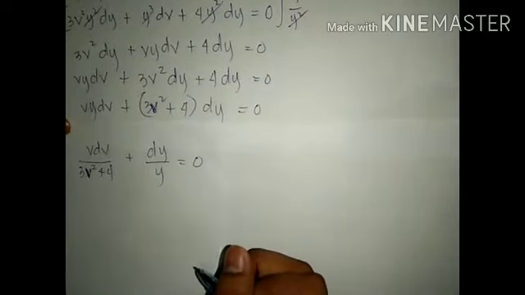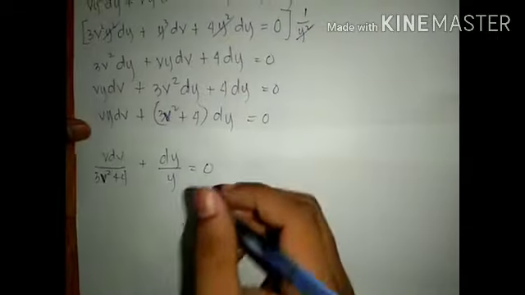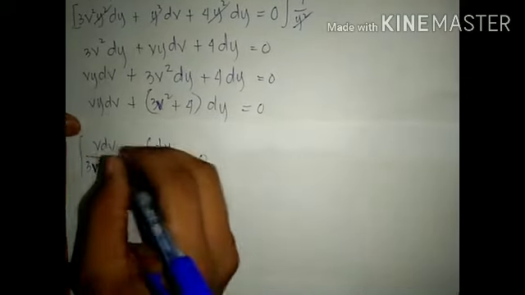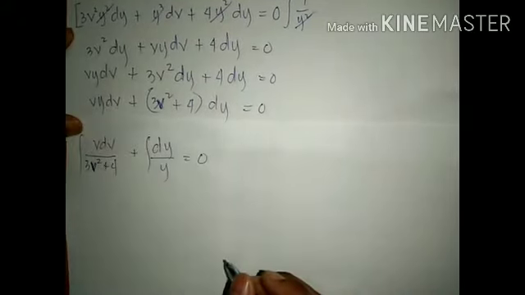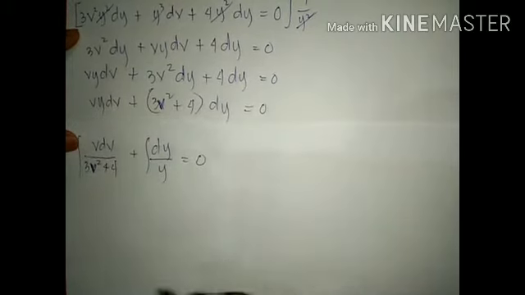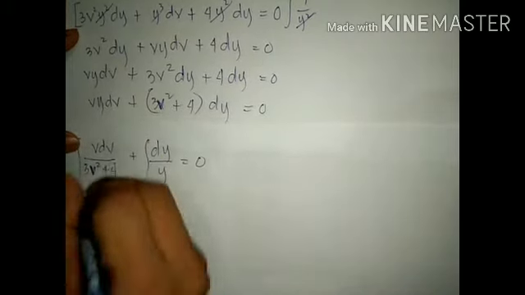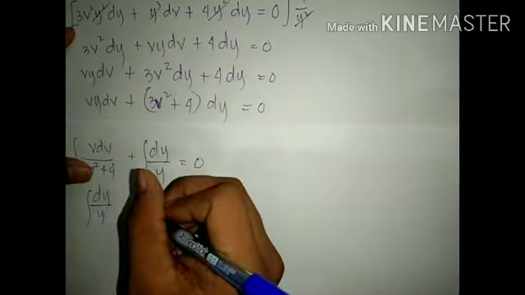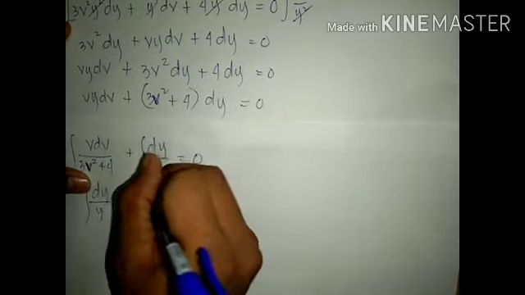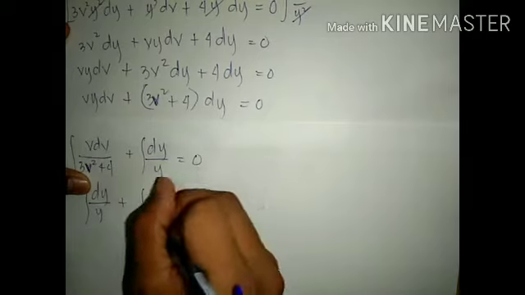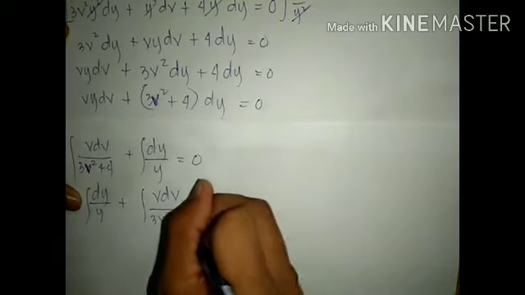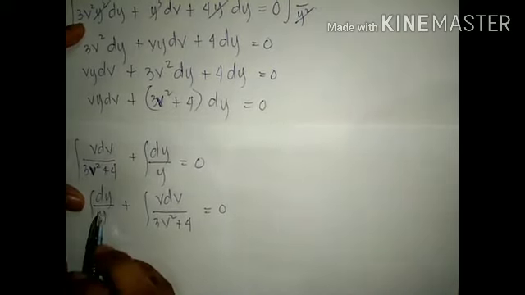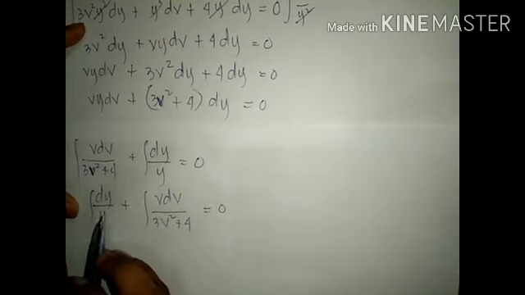So we integrate both sides. The integral of dy over y is ln y.